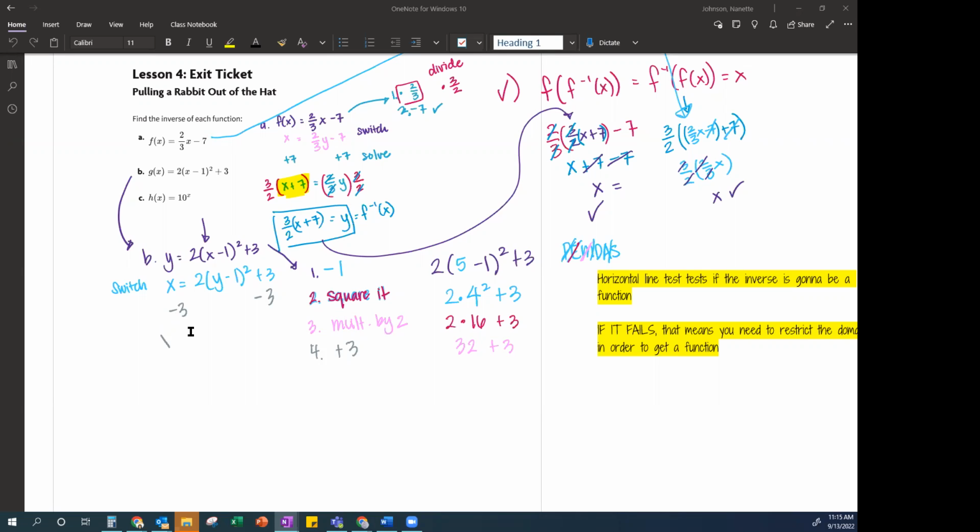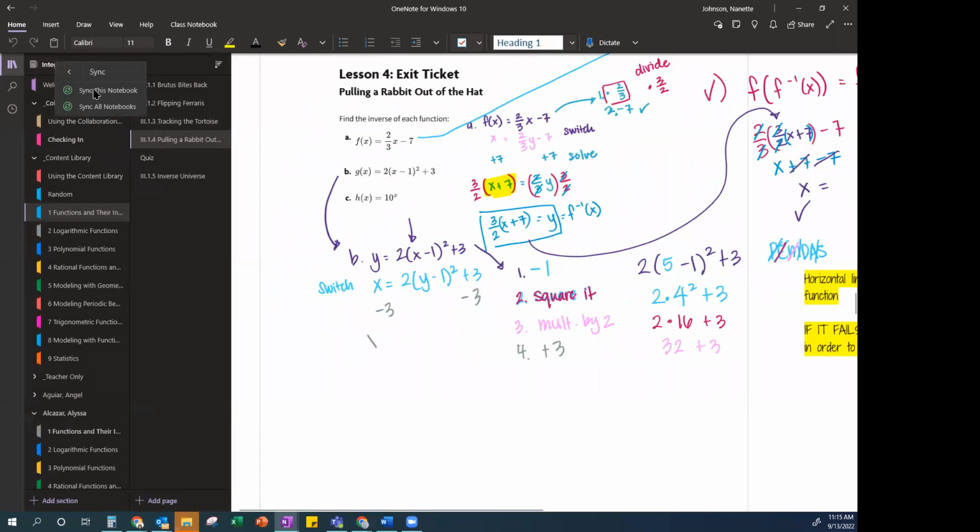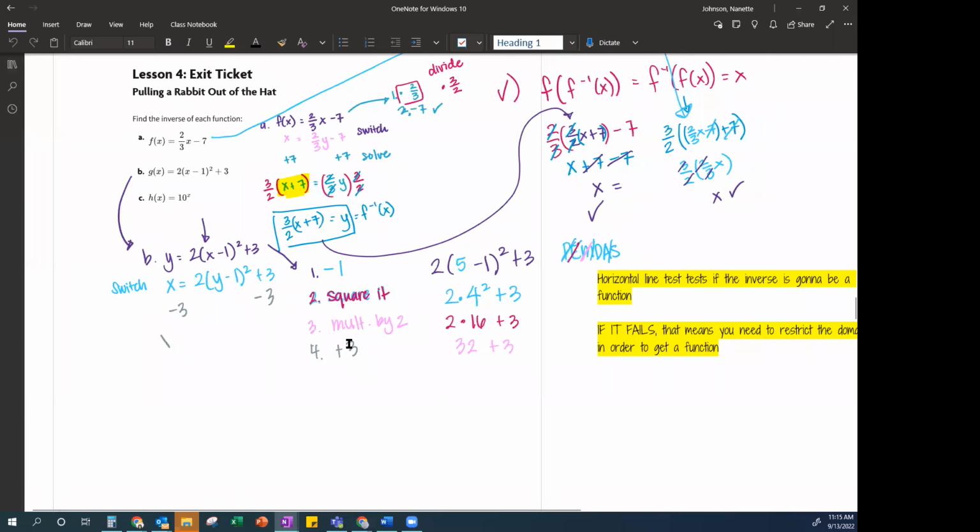The next thing we're going to do, according to SADMEP, is look for any multiplication or division. I need to get rid of multiplying by 2. How do we get rid of multiplying by 2? Yeah, we divide.